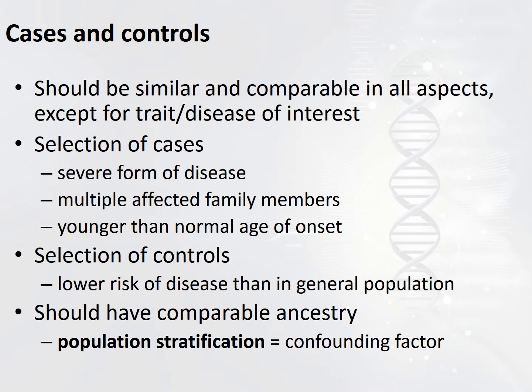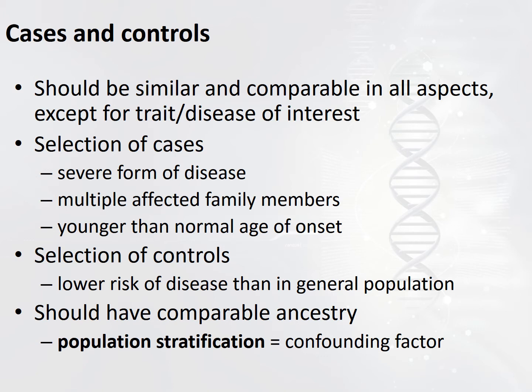The biggest challenge in a case control study is usually to find cases and controls that are very similar in absolutely every way: age, sex, demographics, health status, ethnicity, everything except for the disease or the trait in question.